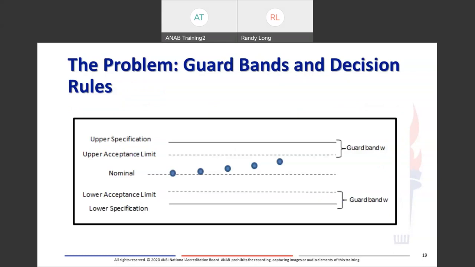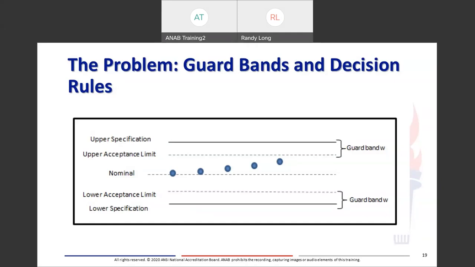I mentioned guard bands before. In this case, the guard band is modifying the tolerance limit to create a tighter acceptance limit. As long as the data falls between the acceptance limits, that would be called a pass.